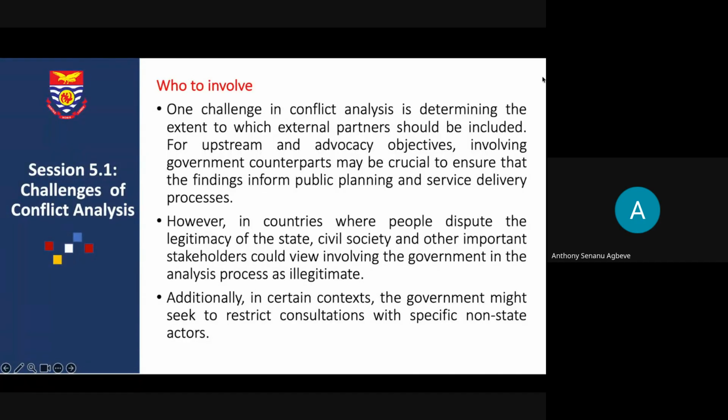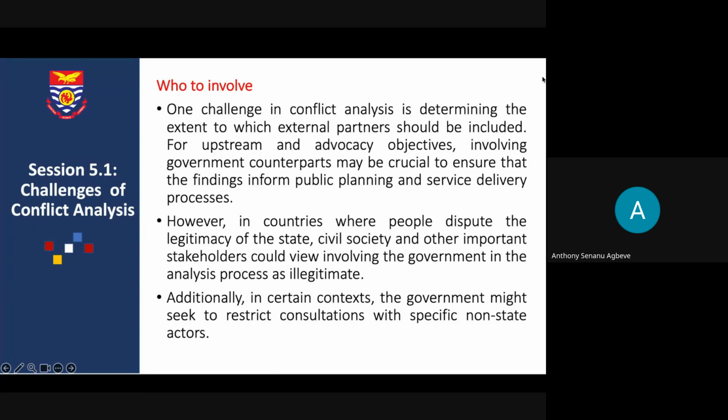And then another challenge that you might encounter is who to involve, right? Who to involve in your research or in your data collection can also be problematic, because if you don't choose the right people to talk to, that can be challenging. For example, you go and just talk to ordinary community members. Well, they might give you information, but that information might not be rich enough.